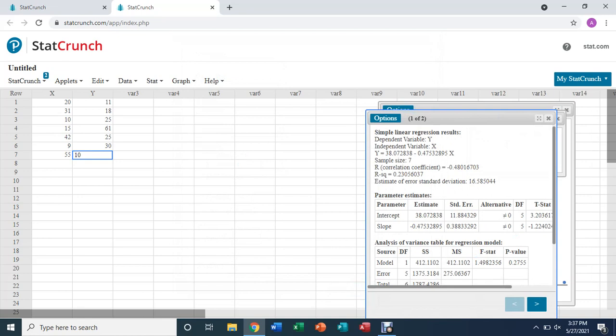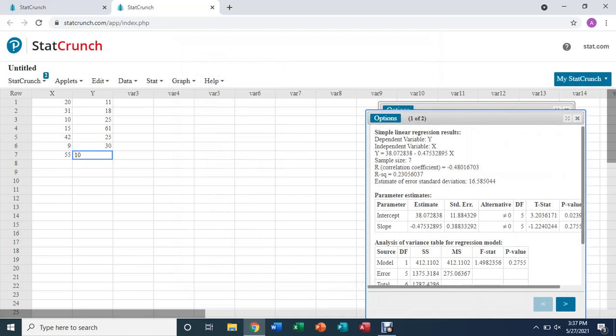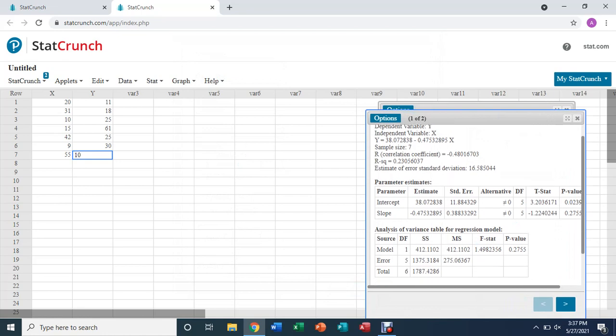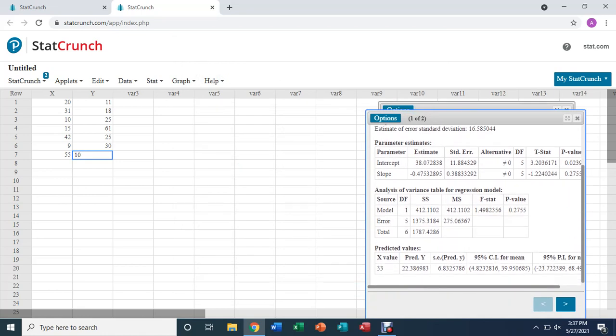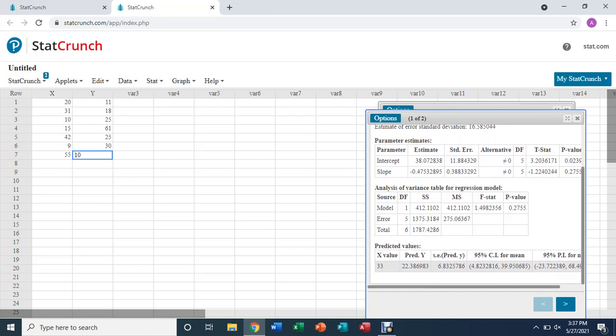And if we scroll down here, you're gonna find if x is 33, the predicted value of y, or y hat, will be 22.386983. But again, you have to have a small p-value to use the equation to predict or to find the y hat for a given x.